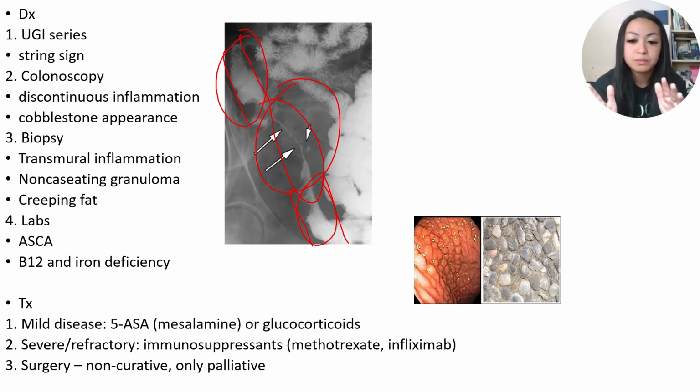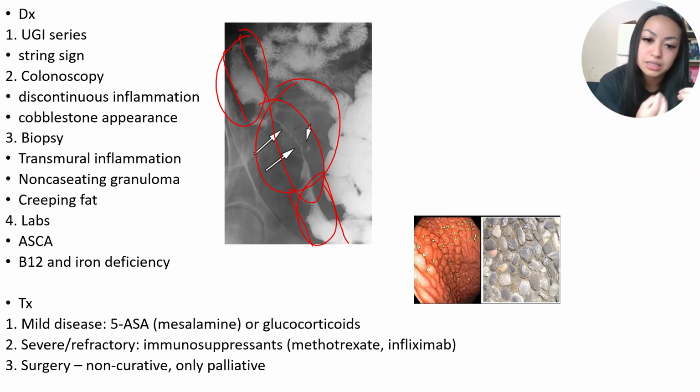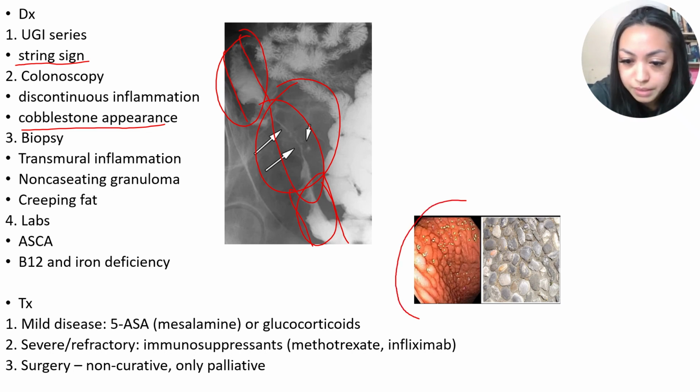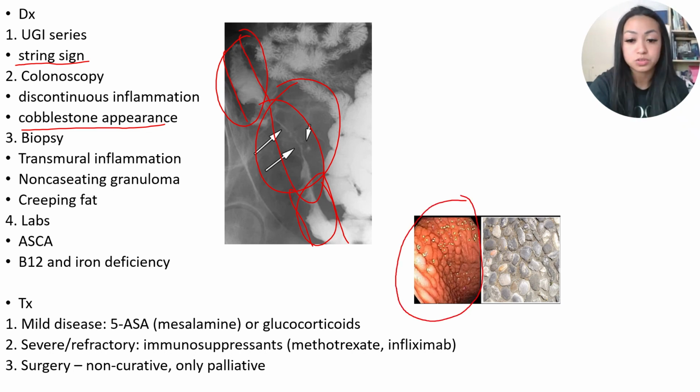Okay. Also on colonoscopy, you can see this cobblestone appearance. So this is very important to remember. So string sign when you do upper GI series, and cobblestone appearance, because they're going to ask you this in the exam. So colonoscopy, you need to know cobblestone appearance. So the bits where there is inflammation, you're gonna see this kind of appearance on colonoscopy. It kind of looks like cobblestone, so that's why cobblestone appearance.